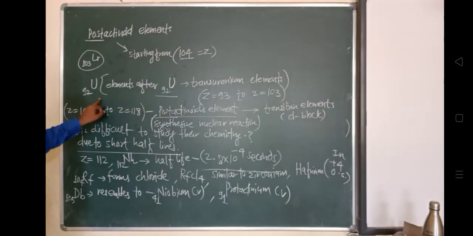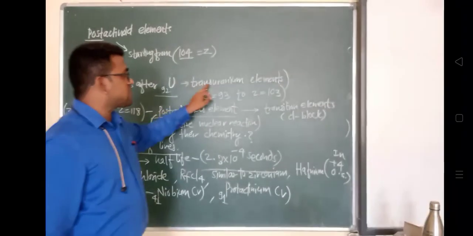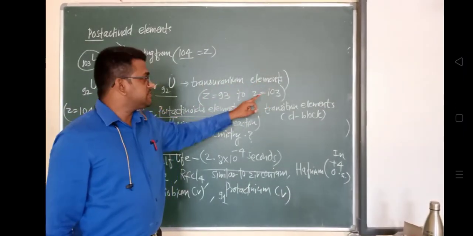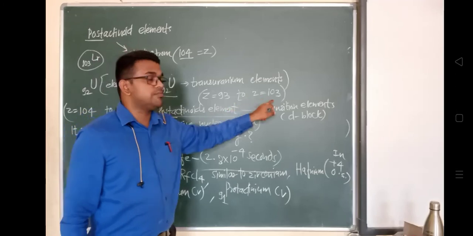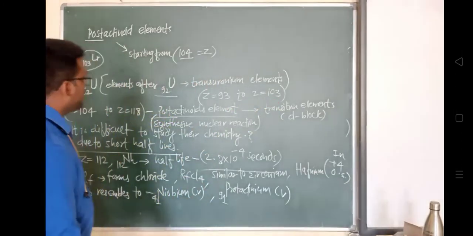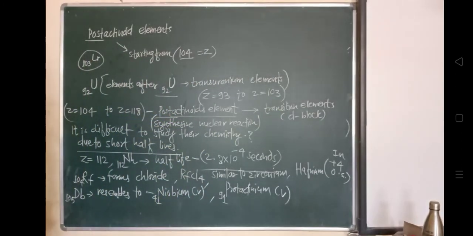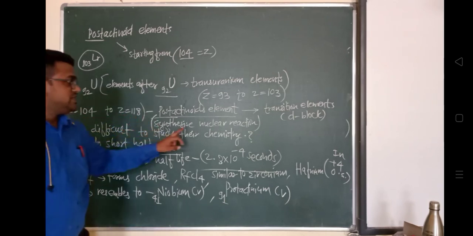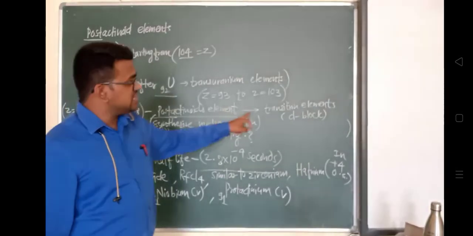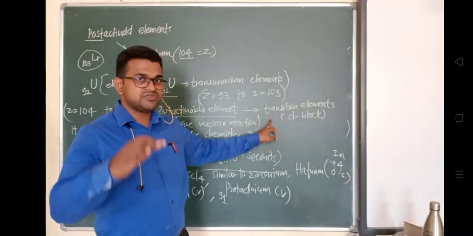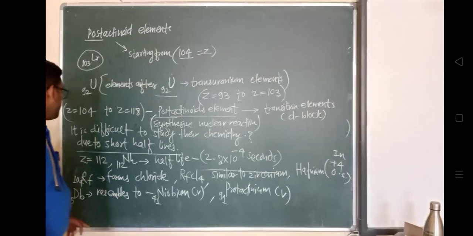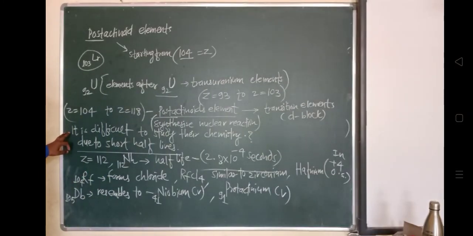Dubnium has a similar nature to niobium, a group 5 element, and protactinium, an actinoid element. So this is all about the transition and inner transition elements, the d-block and f-block elements, that we have studied.